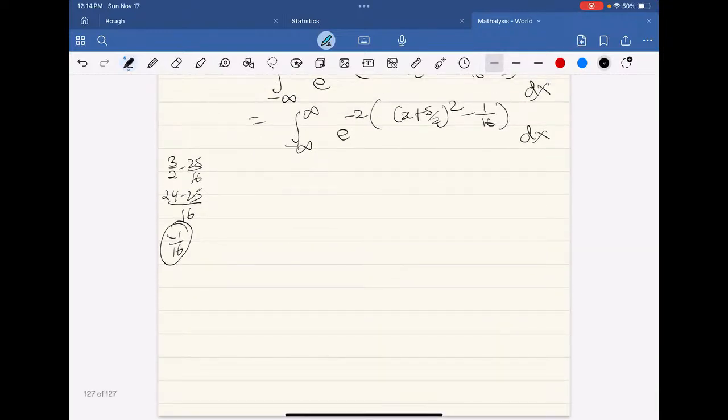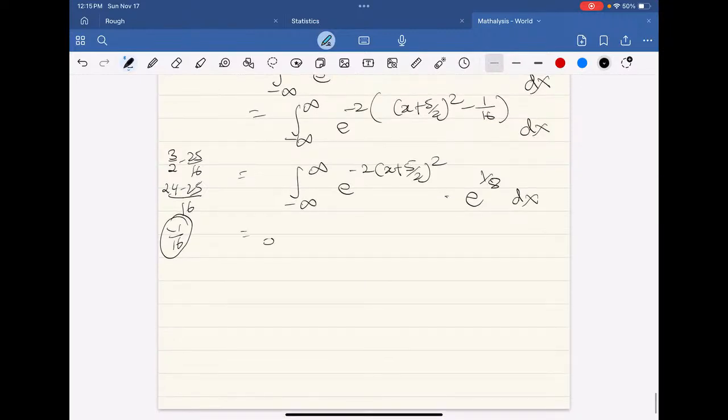Now I can take the constant out. I can break this as e to the power minus 2 times x plus 5 by 4 whole square, times e to the power 1 by 8, right? Now I can take e to the power 1 by 8 out, and the integral from minus infinity to infinity of e to the power minus 2 times x plus 5 by 4 whole square dx.